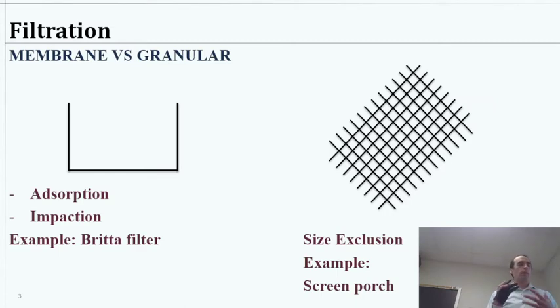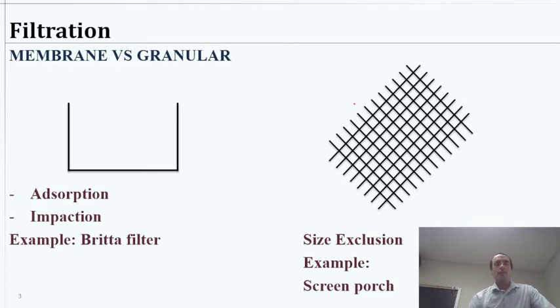Most of the time when we think about filtering something, we kind of think of like a screen mesh, a kind of a macro level, on your porch or something you might have, or in your windows when you start opening them because it's getting nice outside. You have a screen mesh there so that anything the size of a mosquito or larger can't fly through it, but the nice air outside can go through it, right?